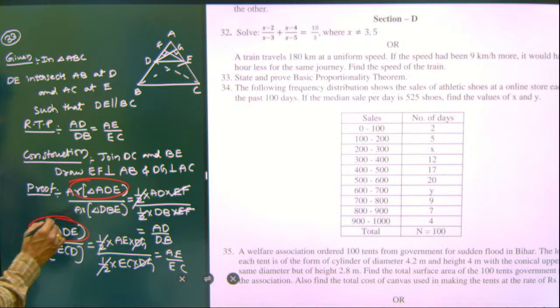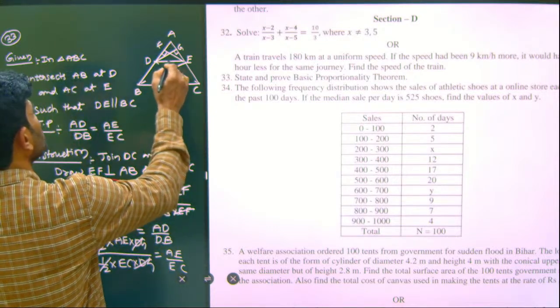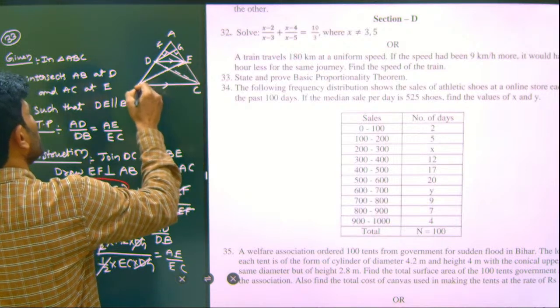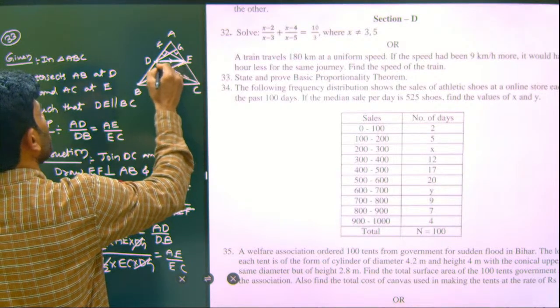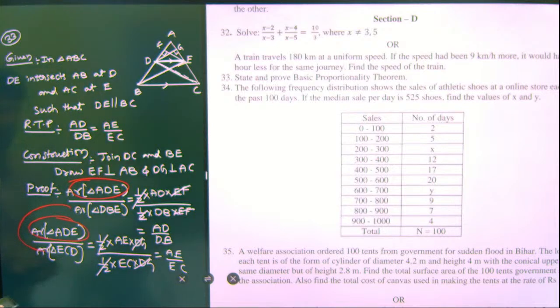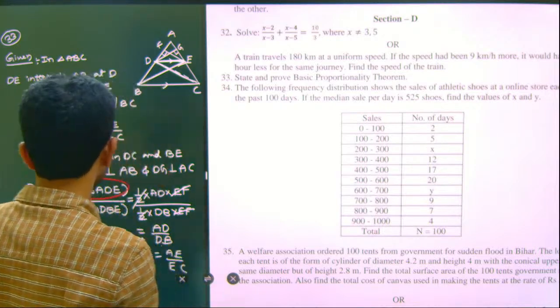Numerators are equal. Now the denominators are also equal because they are triangles lying between parallel lines. You have to write that statement: areas of triangles lying between parallel lines and on the common base are equal.